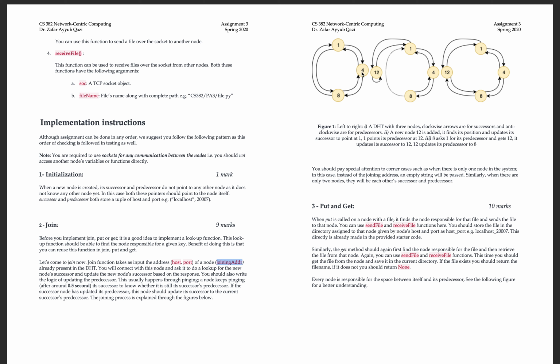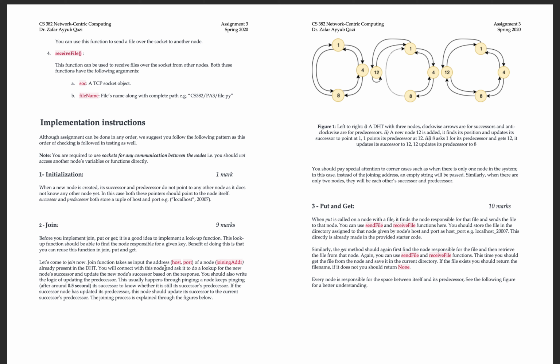For example, it will ask 4 to look up its successor. So 4 will run a lookup query, and it will find out that 1 would be the successor of 12. So it will return the address of 1. So this is why we need a joining address.